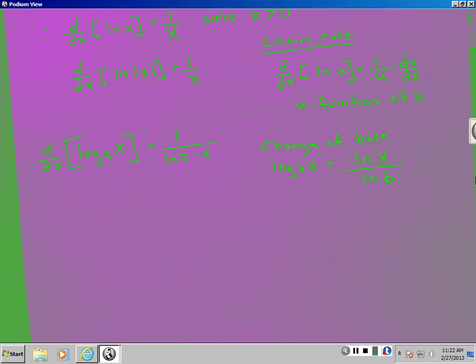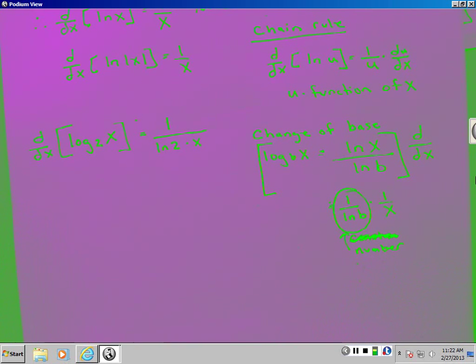You guys remember the change of base formula? Maybe not off the top of your head, but have at least seen it before. So if I differentiate this relationship with respect to x, I get 1 over ln of b times 1 over x. This is just a number to deal with.